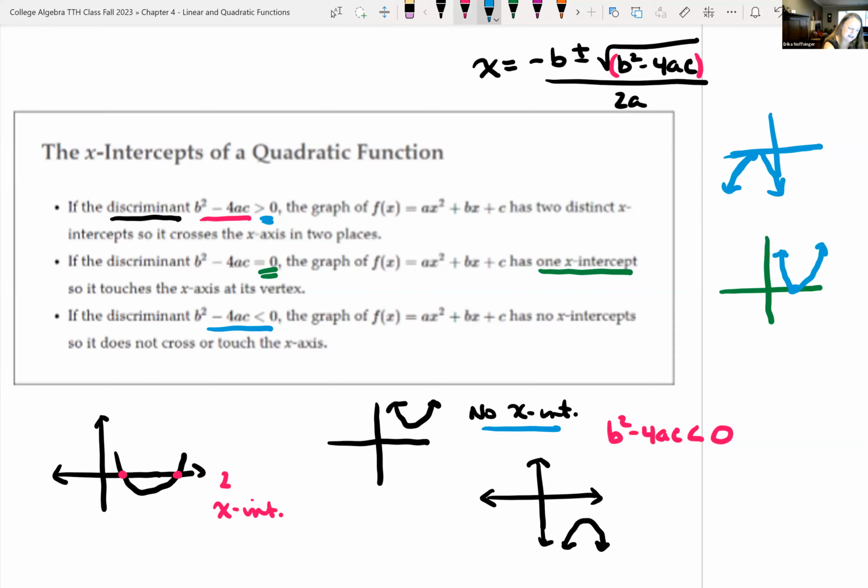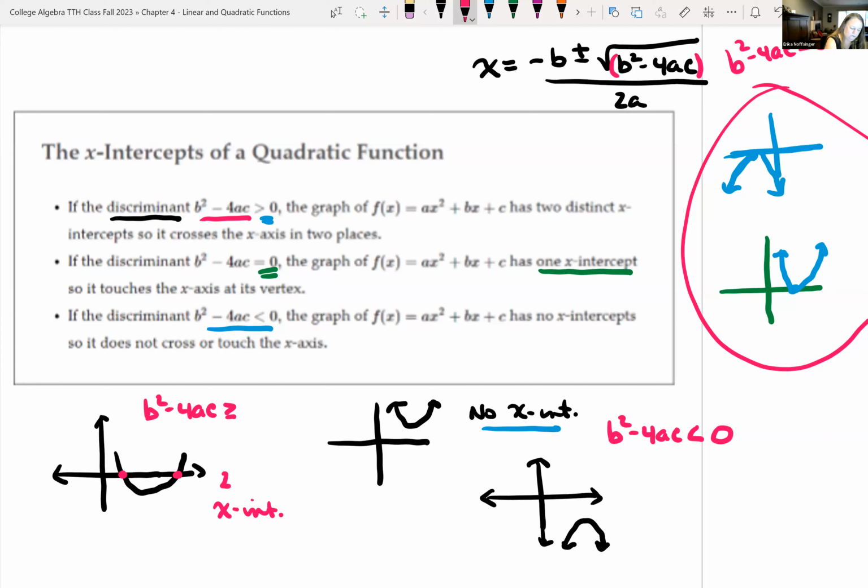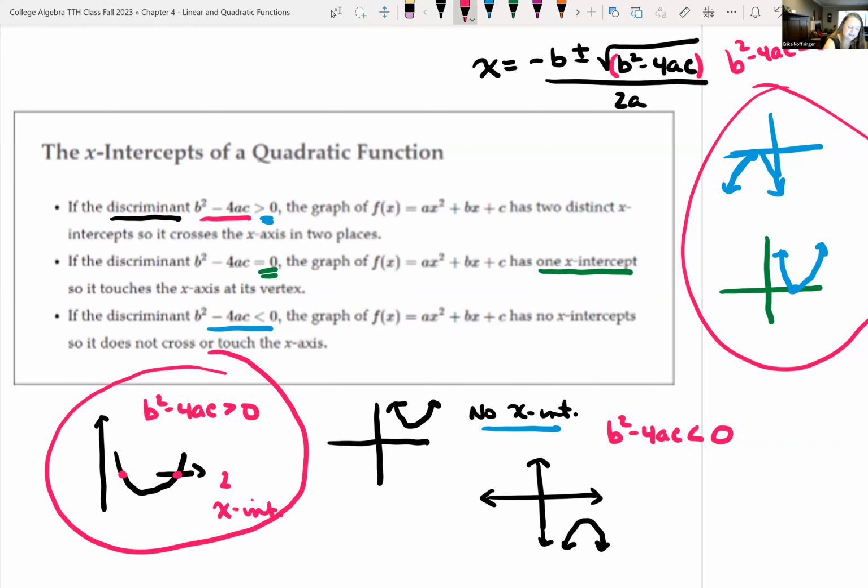So here's cases where that b squared minus 4ac is equal to 0. So the discriminant can also help us to see if we're going to have any x-intercepts and what type our x-intercepts are going to be.